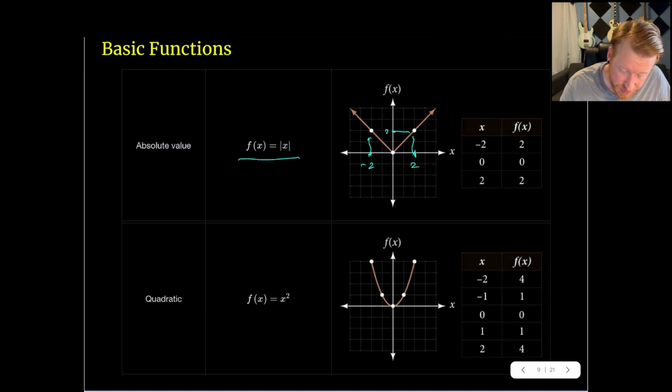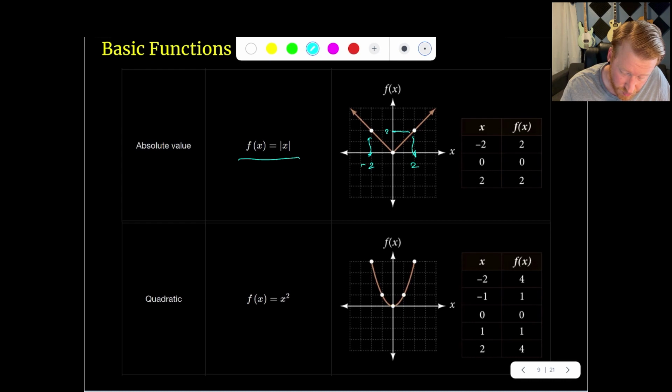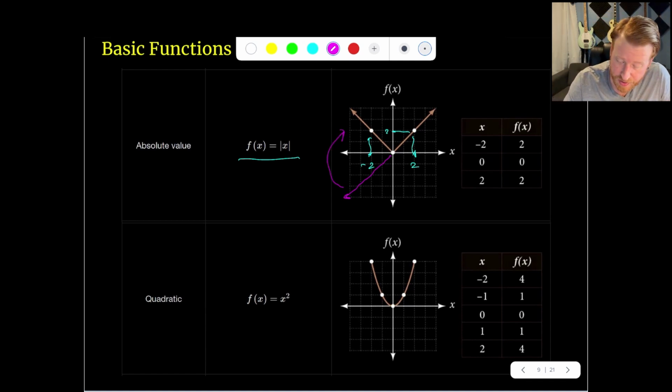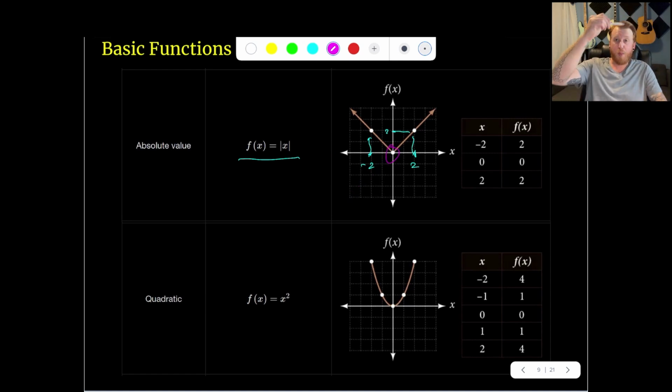So what we had seen before is that this was continuing down that way, but now it's being reflected up so that all of these output values are now positive. So absolute value there. It does have this kind of point that comes down. It bounces, it hits 0 and bounces sharply back up the other way.